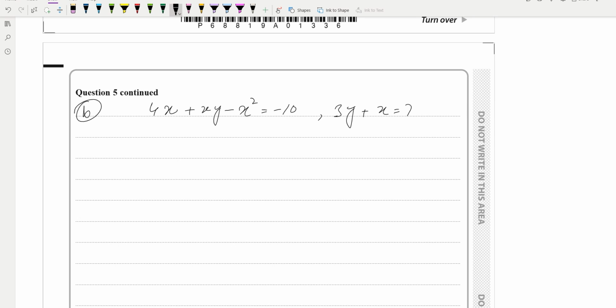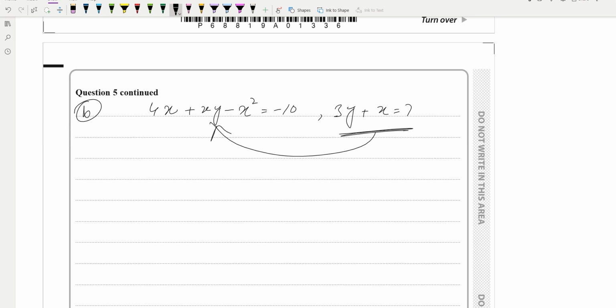Our strategy will be, we will find the value of y from this equation and replace this y with that value, and we will get the equation which we can basically reach the final answer.